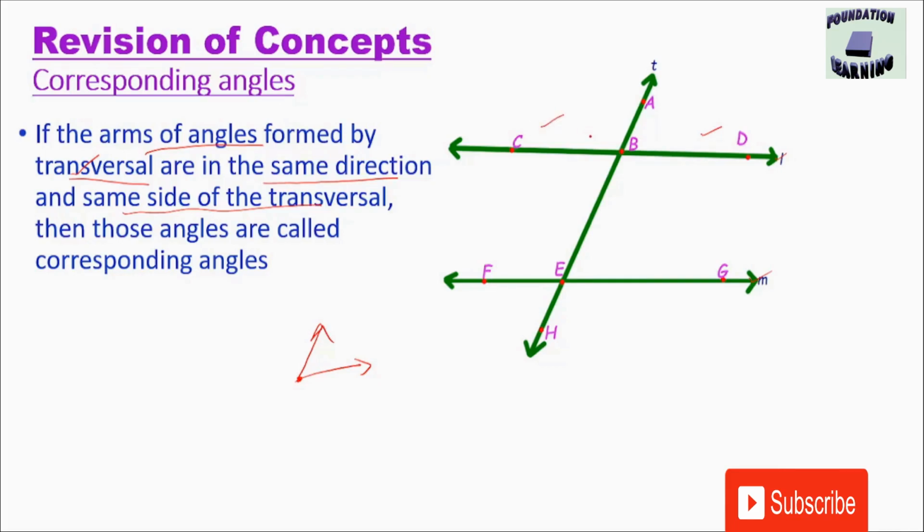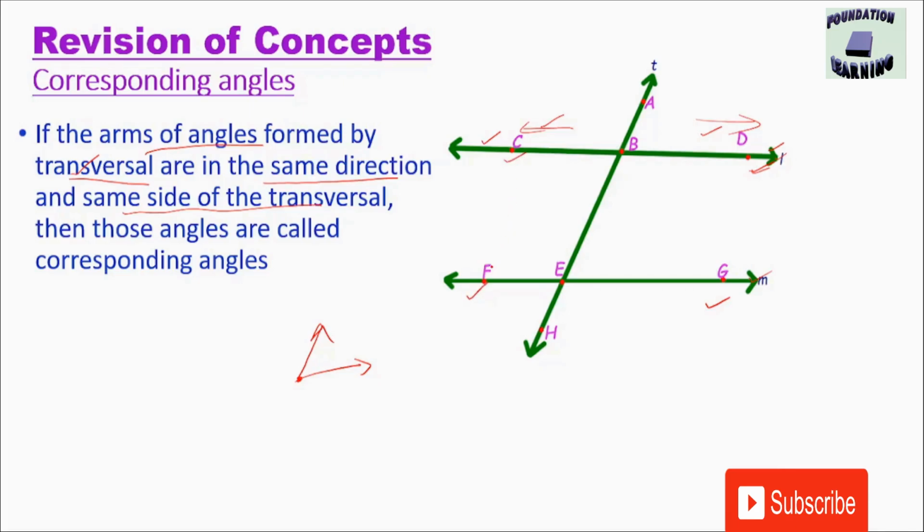Some of the angles will be above the parallel lines on the right side. Some would be above the parallel lines on the left side. Some will be below the parallel lines on the right side, and some will be below the parallel lines on the left side.